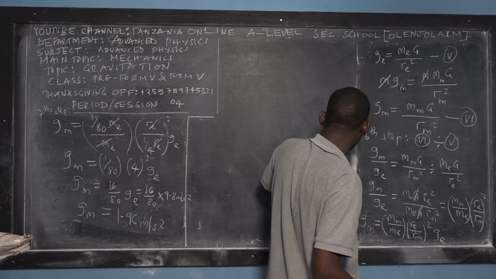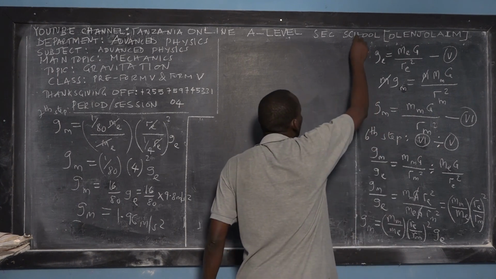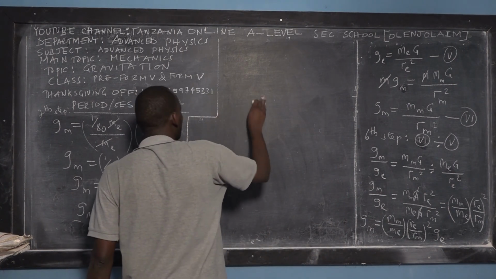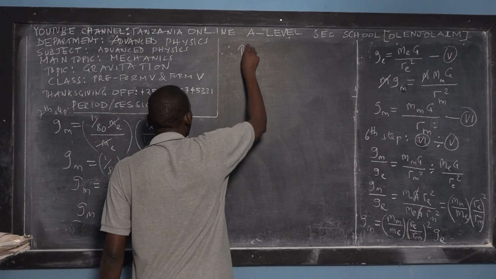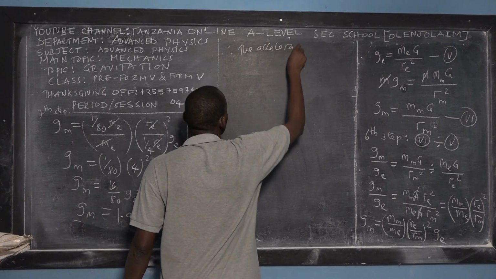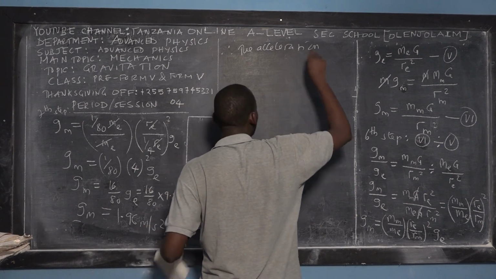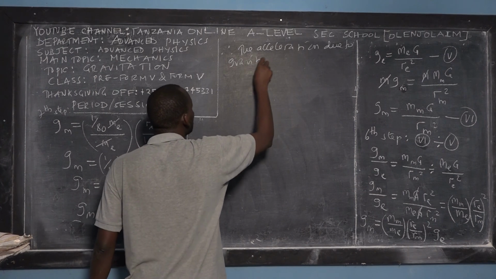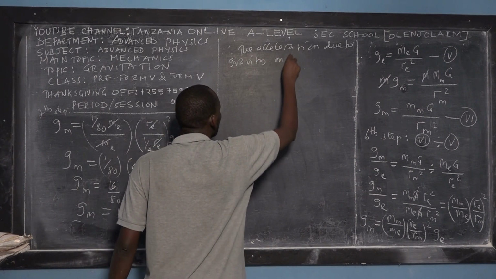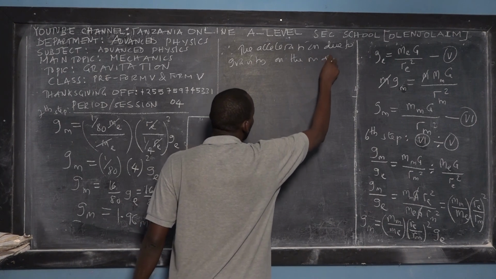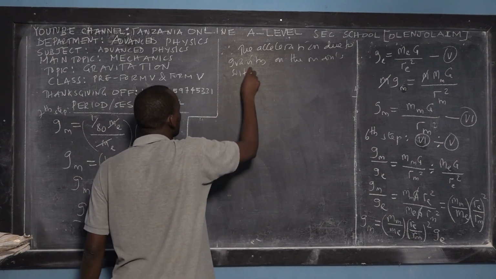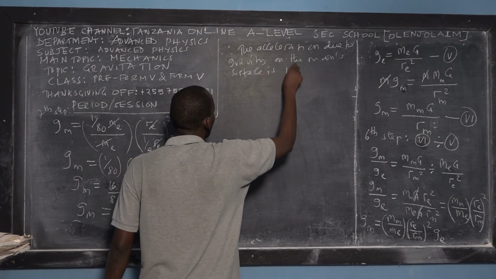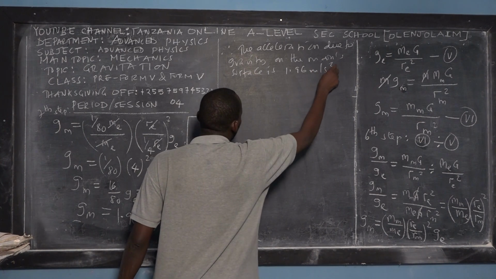So you have to study hard, you have to do a lot of practice, you have to solve as many problems as you can to be competent in advanced physics. So therefore we say that the acceleration due to gravity on the moon surface is 1.96 meters per second squared.